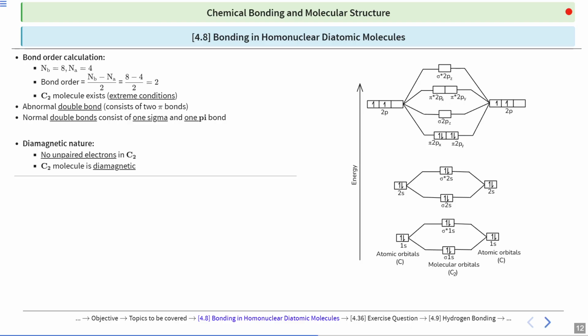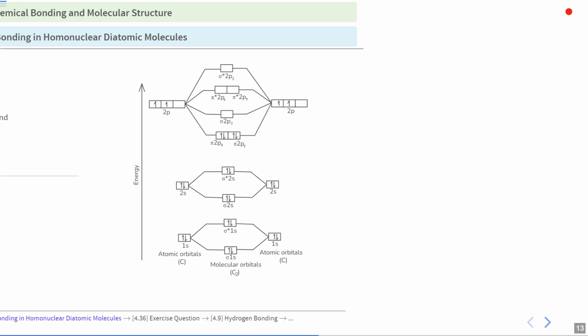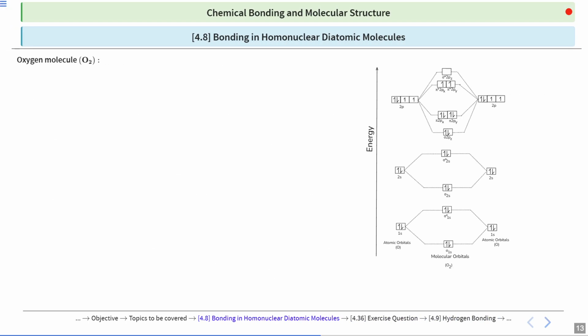Okay. Let us move on to the next thing. So our next discussion is about oxygen. Now what do we see in case of oxygen? Instead of pi 2px and pi 2py coming here, we are first seeing the sigma 2pz. And remember student, this is the normal case.